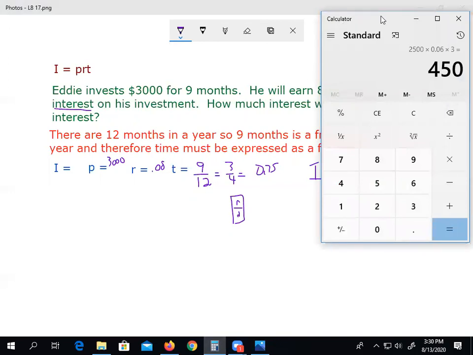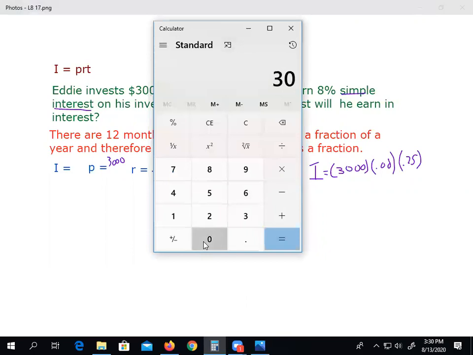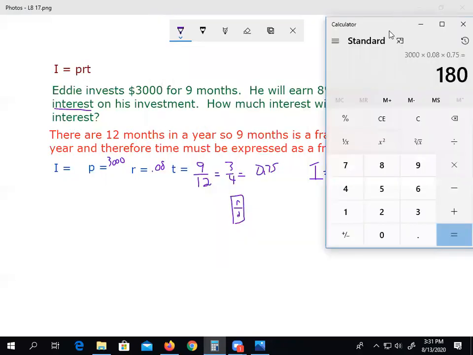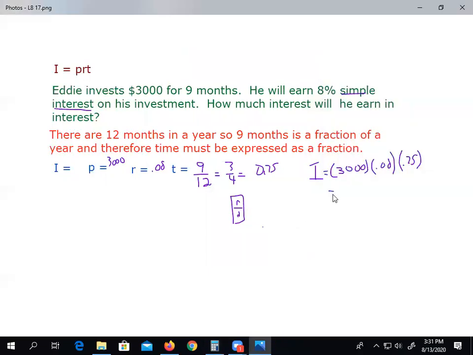So I'm going to have to move this out of my way so I can see my problem. So 3,000 times 0.08, which stands for 8%, times 0.75, and that's going to equal $180. So he's going to make $180 off of his investment.